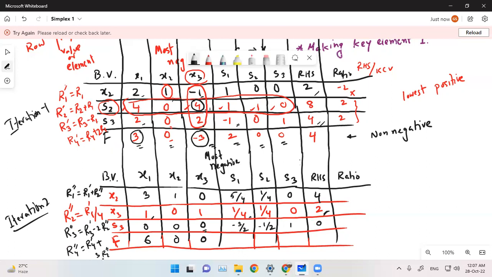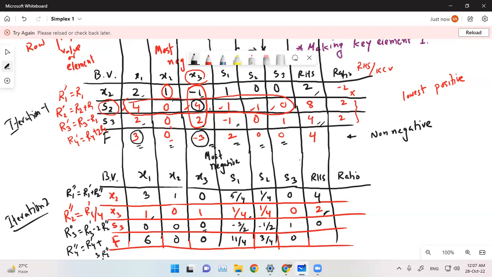And you will have 2 plus 3 into 1 by 4. Now if you just calculate, you're going to get 11 by 4. Similarly, 3 by 4.